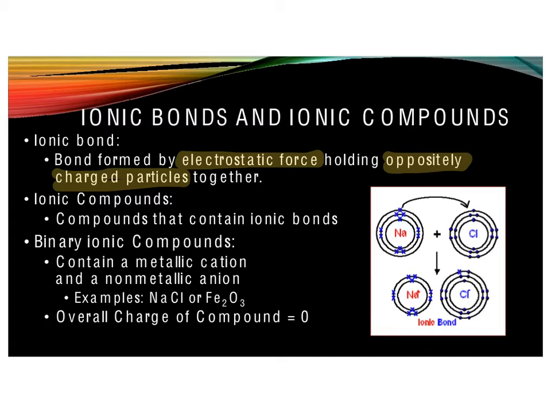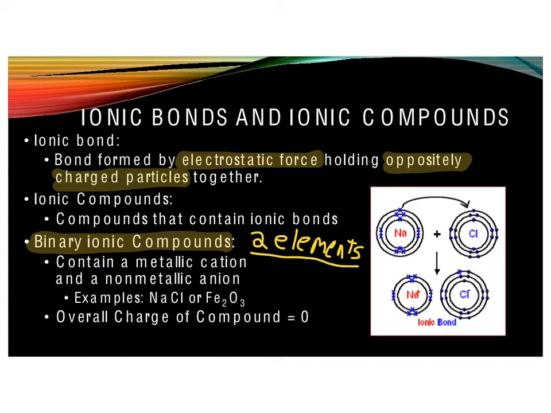And for the most part, in binary ionic compounds, binary means there are 2 elements, not necessarily 2 atoms, but 2 elements. We generally see a metallic cation, so a metallic positive ion, and a non-metallic anion.